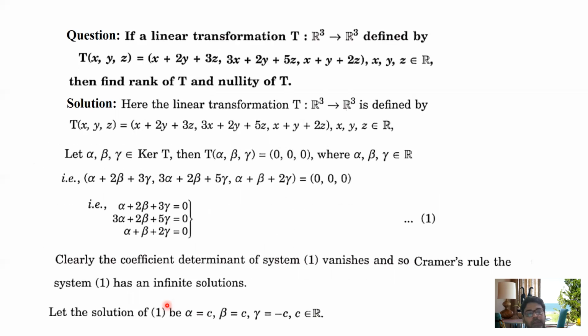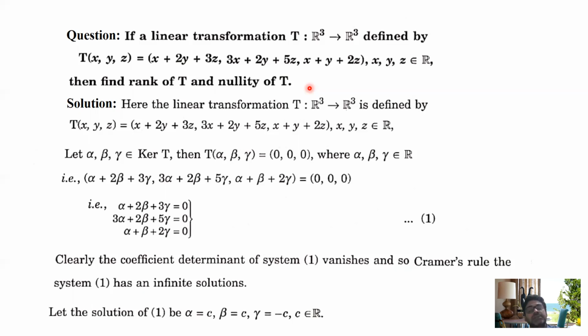Now another example, same type of problem. A linear transformation T from R cube to R cube is defined by T(x, y, z) equals x plus 2y plus 3z, 3x plus 2y plus 5z, and x plus y plus 2z, where x, y, z belongs to R. Then find the rank of T and nullity of T. Okay.